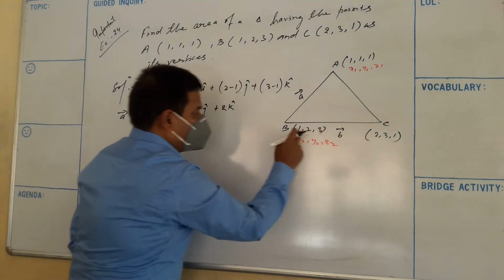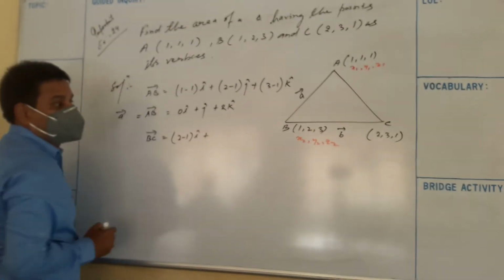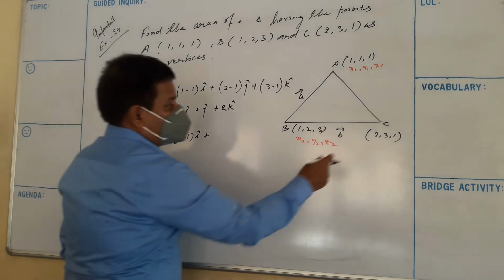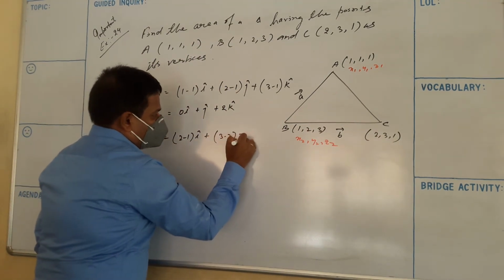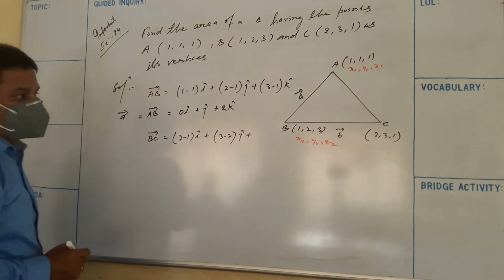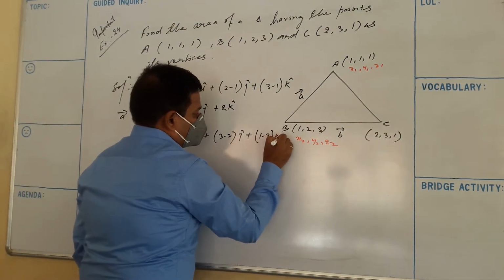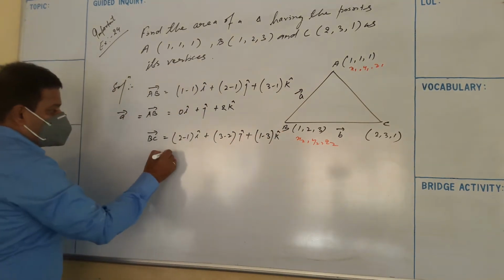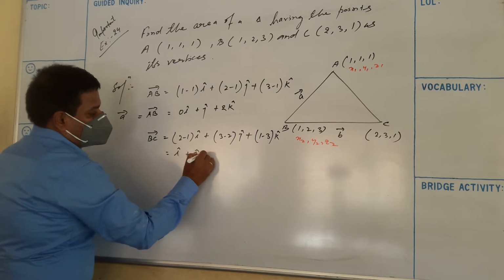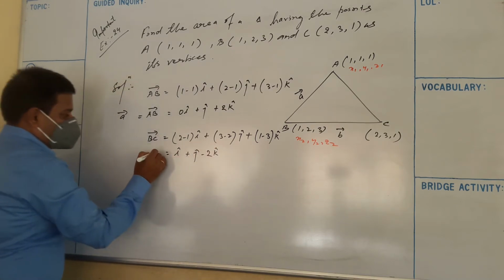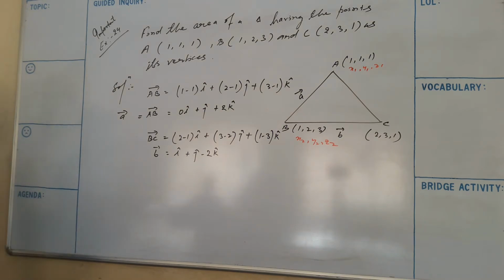So 2 minus 1, i, plus 3 minus 2, j, plus 1 minus 3, vector k. So here you got i plus j minus 2k. This is vector B. So we have vector A and vector B.